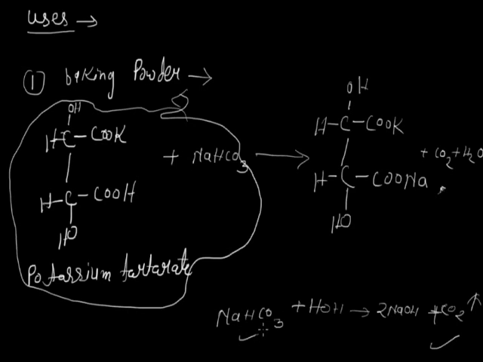But the main problem is that the aqueous solution of sodium bicarbonate gives a strong base that has a bitter taste. So if we use only sodium bicarbonate in making cake, then the cake becomes bitter in taste due to the presence of sodium hydroxide. That's why we use the mixture of sodium bicarbonate and potassium tartrate.